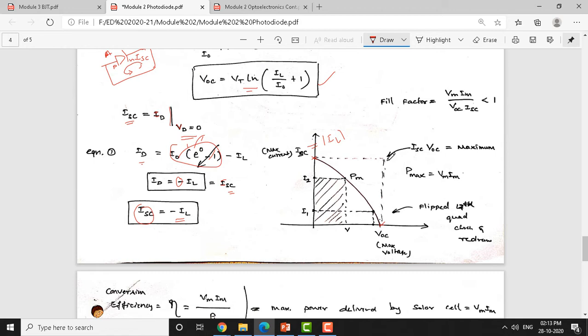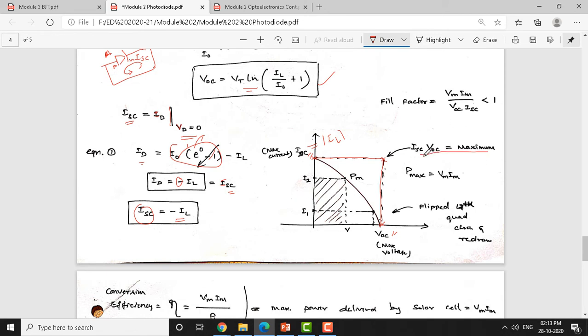If we extend this line and find the intersection point here, this is nothing but the product of ISC and VOC. You can see the region here, this is a bigger square area. The product of VOC into ISC is the maximum energy which you can extract from the solar cell.